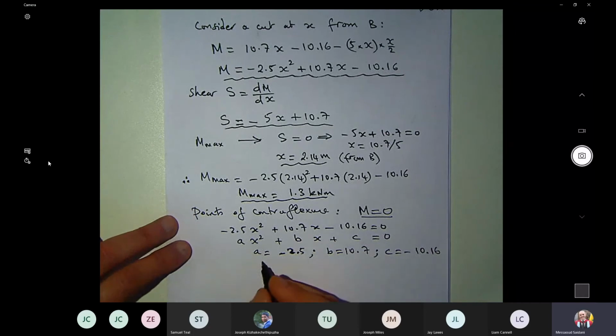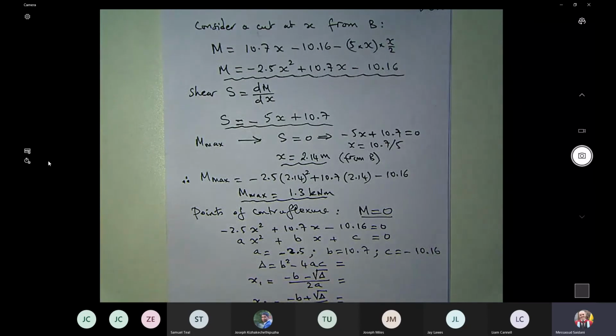And you calculate the delta, which is b squared minus 4ac. The first solution will be minus b minus square root of delta over 2a, and the second solution will be minus b plus square root of delta over 2a.